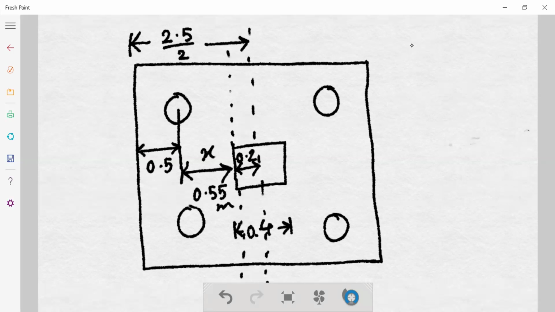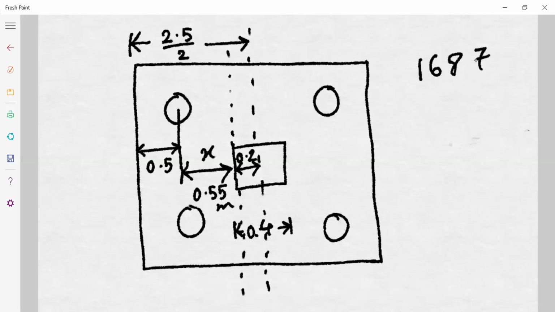The load given in the question on a single pile was 168.76 kilonewton.